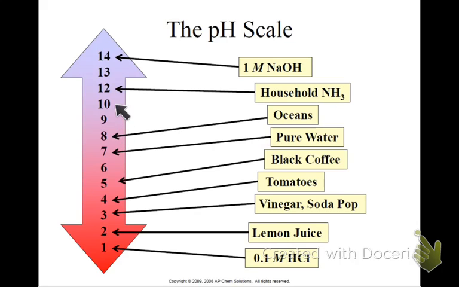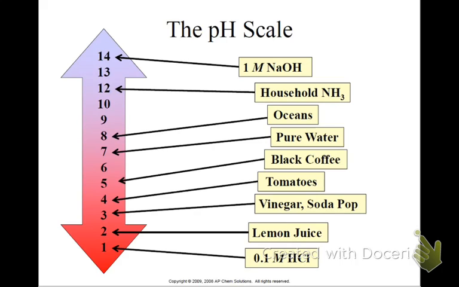As you go up on the scale, it becomes more and more basic, and so a pH of 14 would be like 1 molar sodium hydroxide. A couple other basic things, ammonia, oceans. Here we have coffee is going down towards the acidic side. So once we drop below that 7, we get acidic and more acidic until 0.1 molar HCl. Here is a fact.